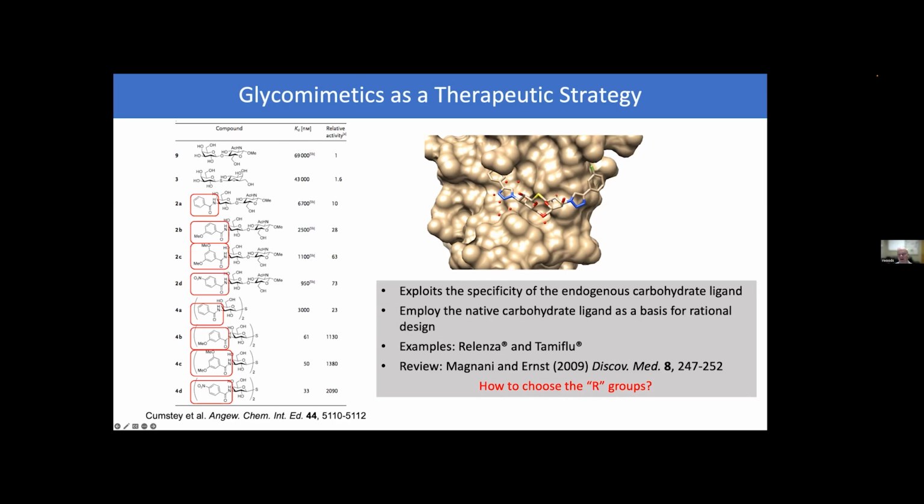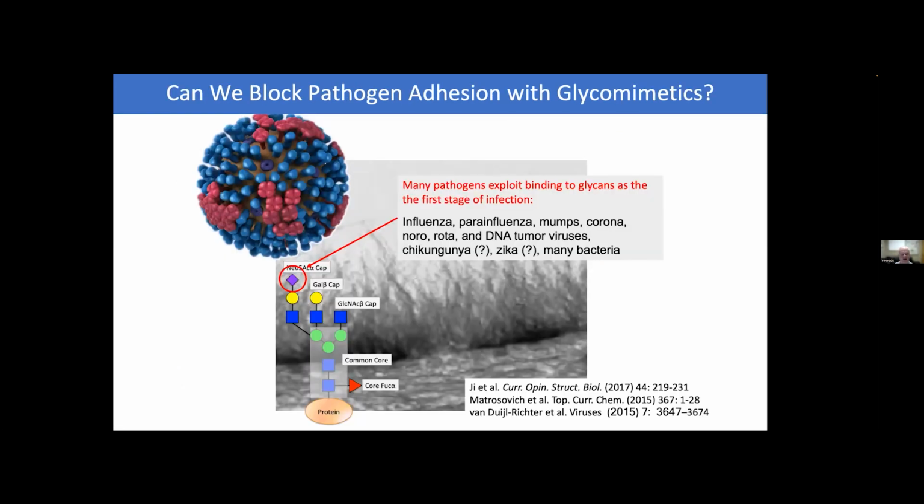And many people will have a crystal structure of the carbohydrate in the protein binding site, but beyond that, it's really highly variable how you choose the groups. And as you can see in this structure, of course, there are conserved water molecules that are also something that needs to be considered.